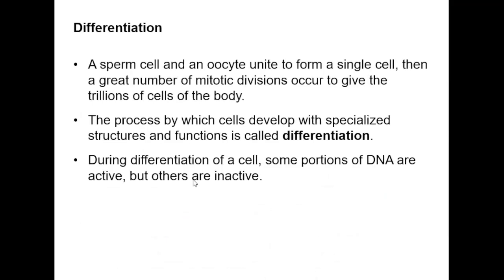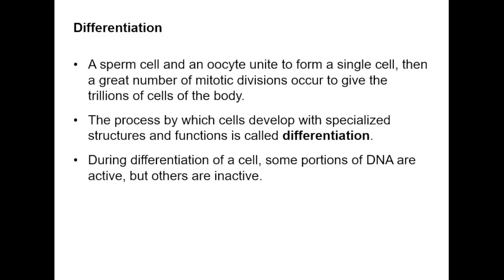So again, going back to differentiation, when a sperm and an egg cell unite, they form a single cell called zygote. And then the single cell called zygote will undergo a number of mitotic divisions in order to produce the trillions of cells we have in our body. Now, these cells will not only remain as general cells, but they will become special cells. Some cells will become bone cells, some cells will become muscle cells, some cells will become brain cells.